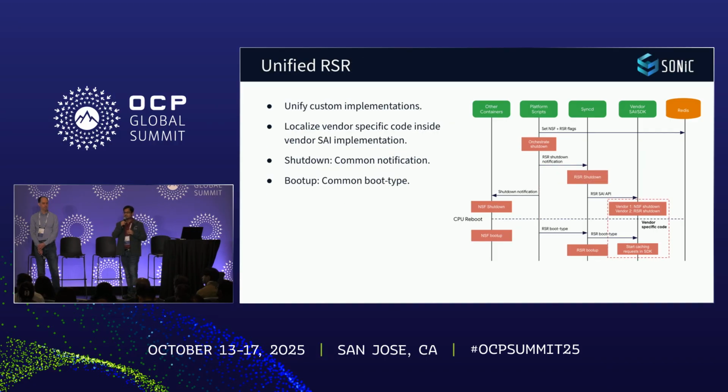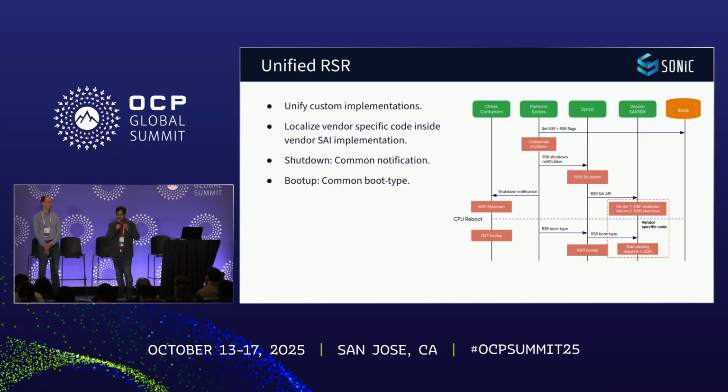The proposal is to unify these custom implementations into a common boot type like RSR. RSR is a concept. It doesn't necessarily have to send custom notifications. By unifying RSR, we can localize the vendor-specific code inside SAI itself, where it's supposed to lie.